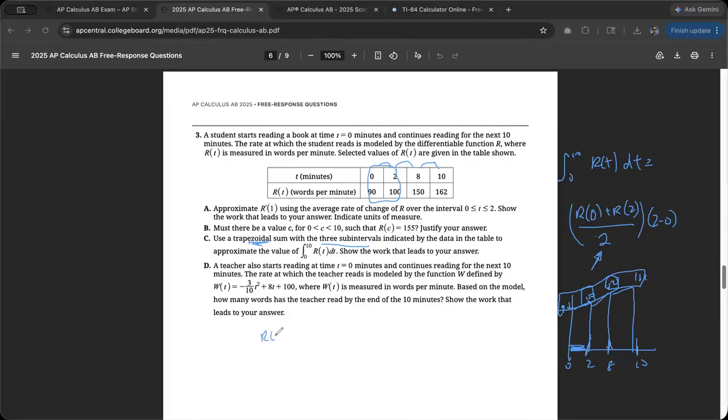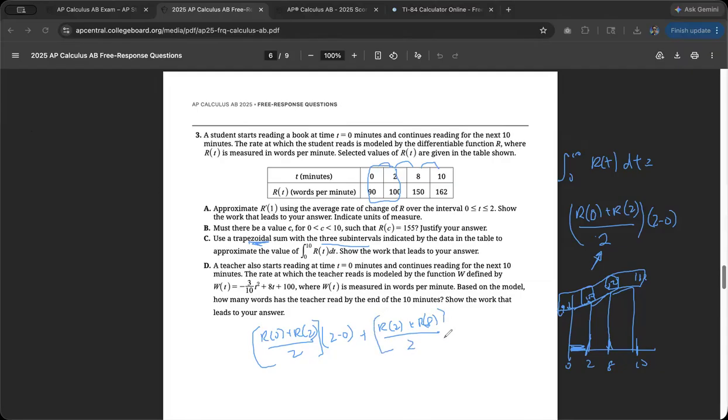So the first part was r of 0 plus r of 2 over 2. Multiply that by the base. Okay, then we're going to add that to r of 2 plus r of 8 over 2.